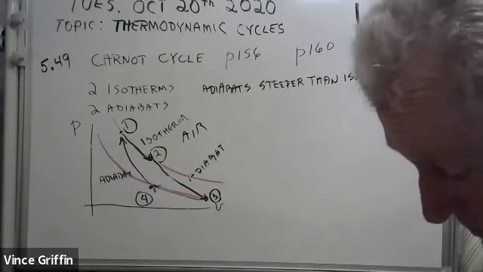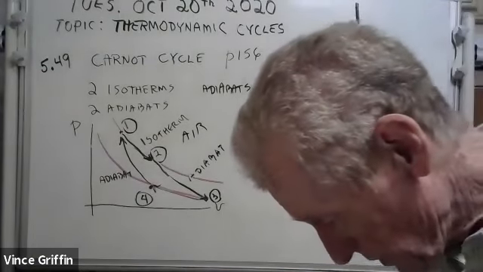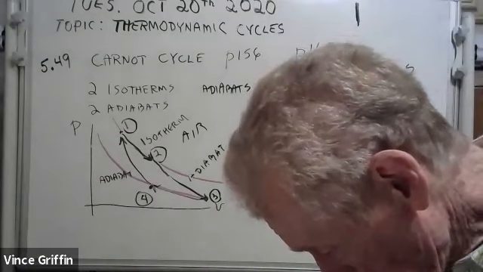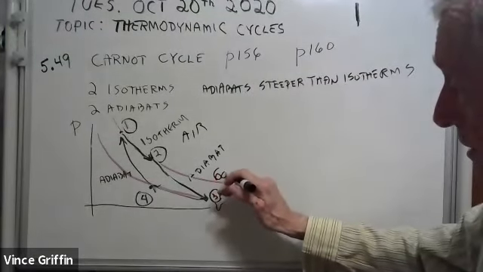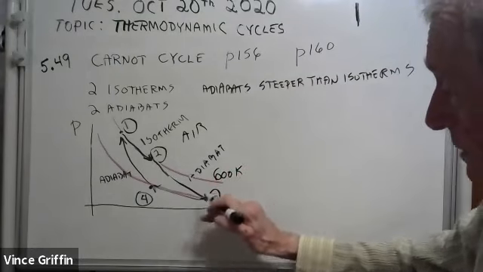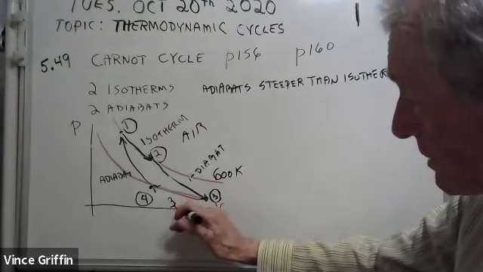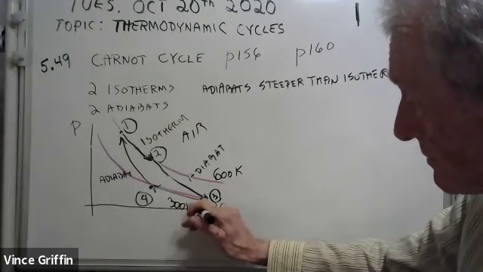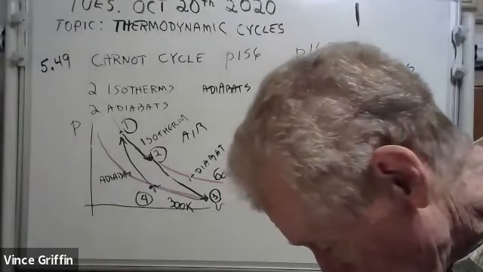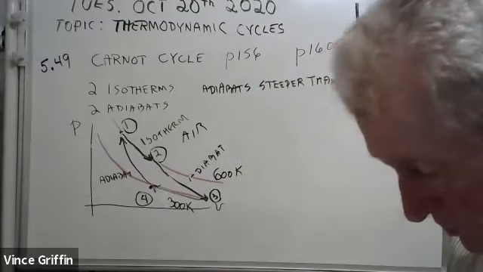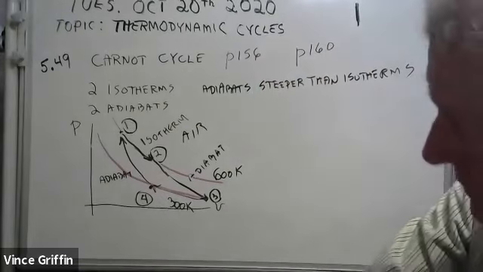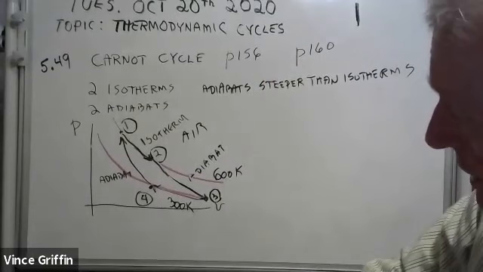Okay, well, good. So what? Let me keep reading. The high and low temperatures are 600 K and 300 K. So let me write that down. This is 600 K and this is 300 K. The heat added at the high temperature is 250 kilojoules per kilogram. I like to do my heat added in red.